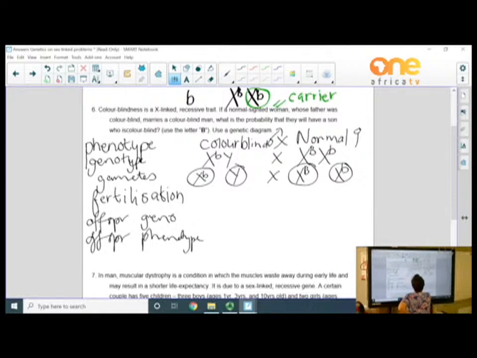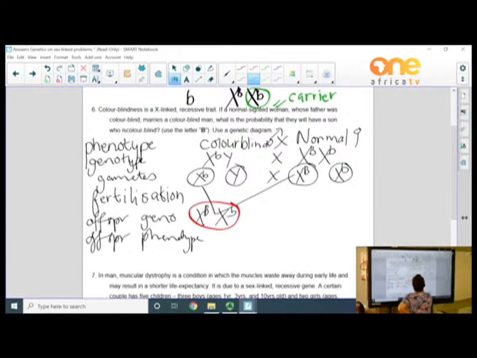Good. So the fertilization will look like this: X and X, B and B. Immediately, I am telling myself that is a female.